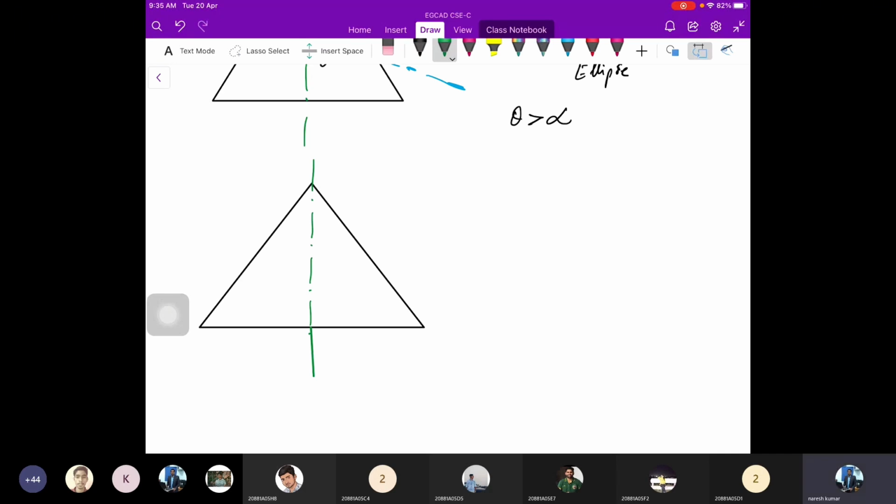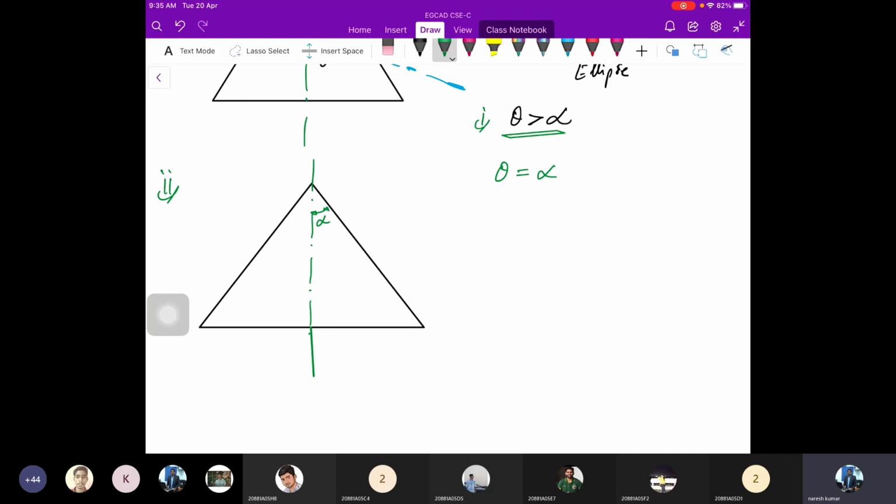This is condition 1. Now condition 2: here theta is equal to alpha. So here the angle is half of the apex angle, alpha.